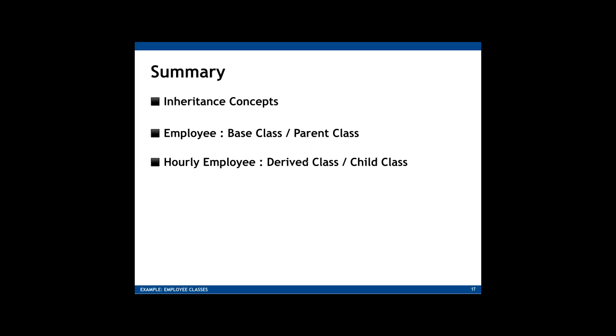The derived class, such as hourly employee, automatically receives all the member variables and member functions of the base class, such as the employee class, and the derived class can also add additional member variables and member functions. Using inheritance features, we can remove identical code or duplicate code and make the program more structured and easy to maintain.